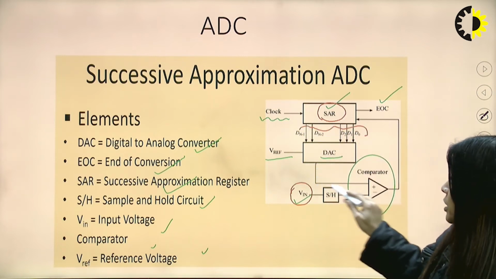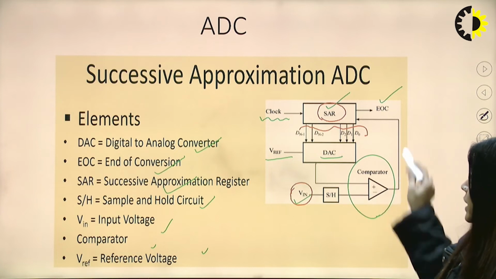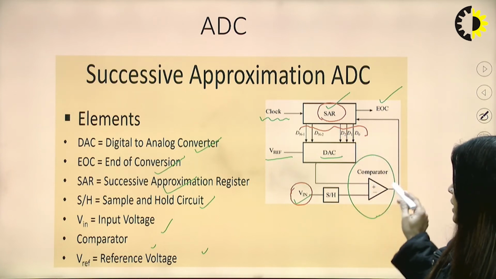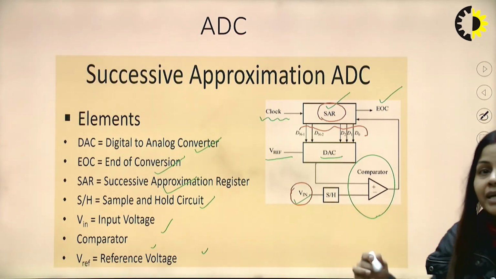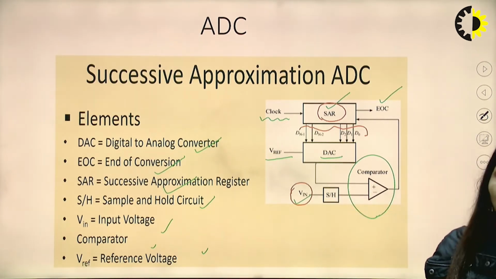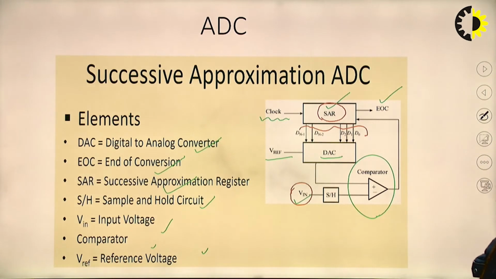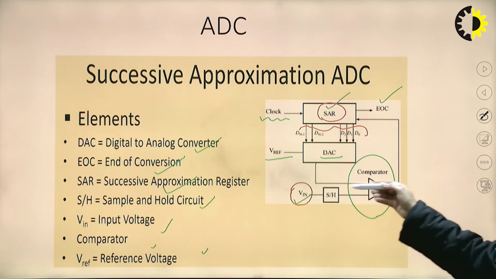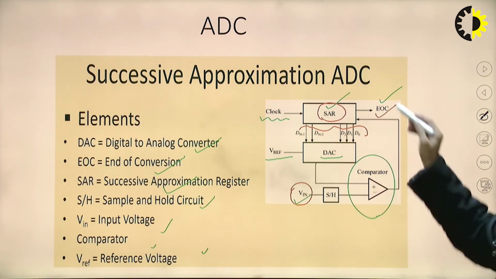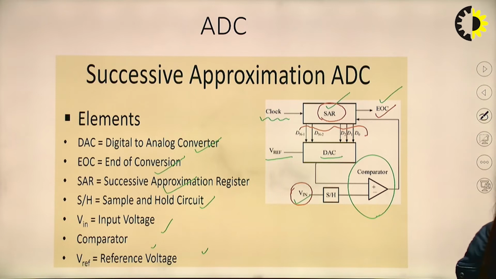These are being compared, and if it is greater or if it is less, then the comparator output will be either high or low, right? Whenever these two are equal, then the end of conversion will take place. This is the concept of the successive approximation ADC.